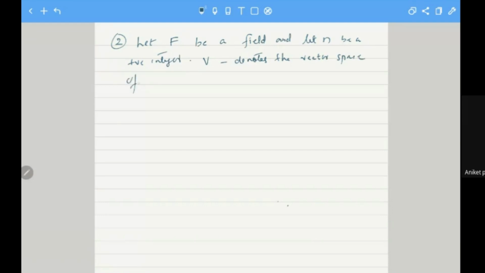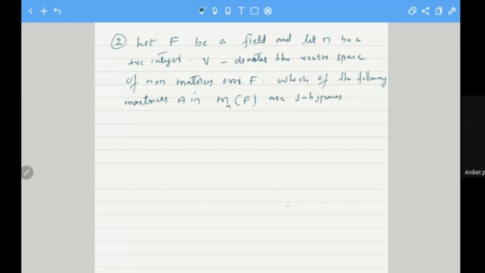M of F is the vector space of n by n matrices over F. Which of the following matrices A in M of F are subspaces of M of F?